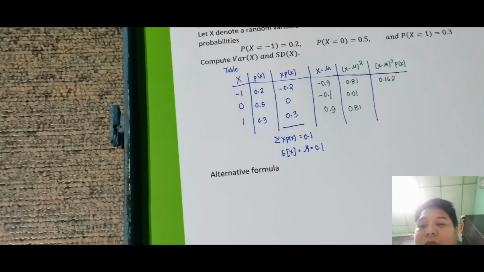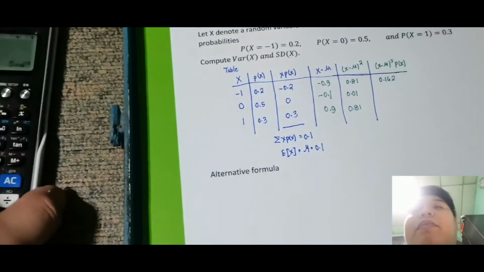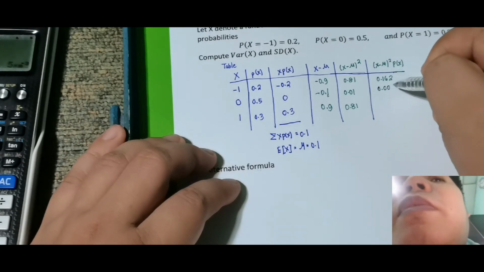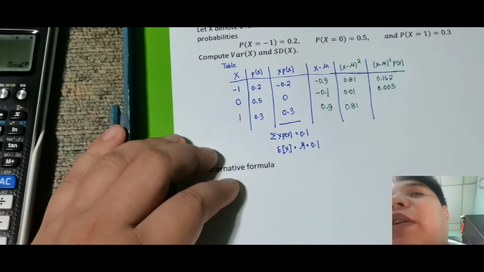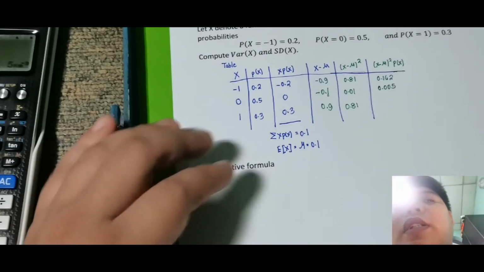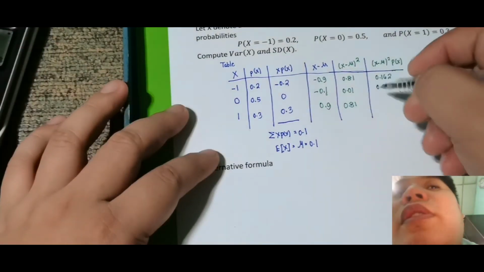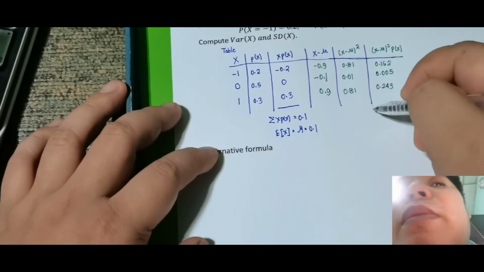Move ko lang yung decimal, so this is 0.005. Wala naman nakalagay na negative. So next is 0.81 times 0.3, this is 0.243. Then lastly, kunin mo lang yung summation nito.